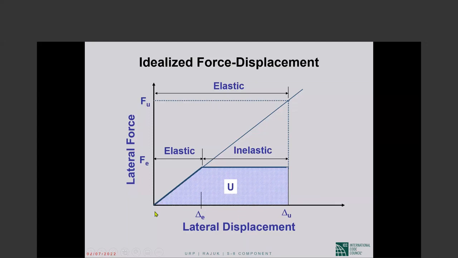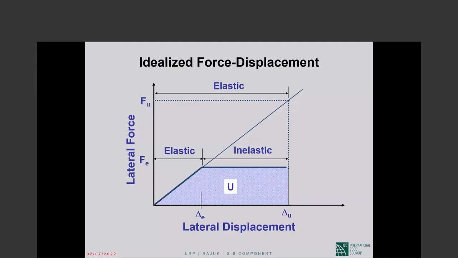We, however, typically like to design for a much lower strength level than would be required for elastic response of the structure. And if we do that, then part of the displacement suffered by the structure is inelastic. It has damage associated with it.